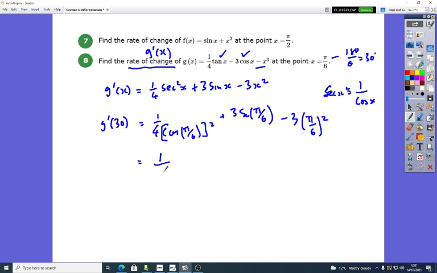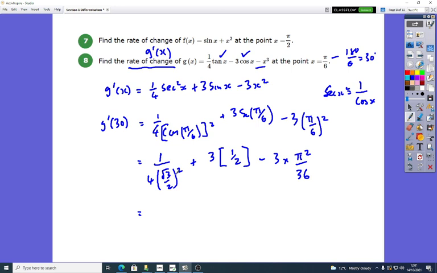If I do sine of 30, that is a half. And this one is going to be minus 3 times pi squared, and that's going to be over 36. Now I'm doing an extra step there just so that you can see exactly what's going on.